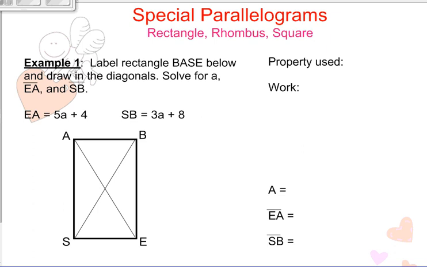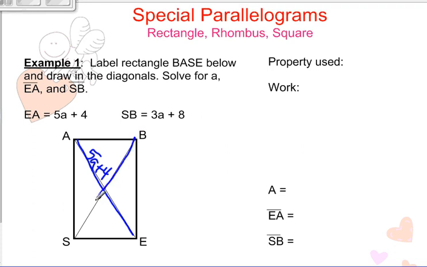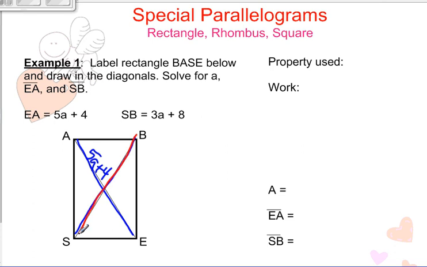EA is a diagonal, and it is 5A plus 4. BS is also a diagonal, and it's 3A plus 8. It asked me what property I am using. This is a rectangle, so its diagonals are congruent. That's the property I'm using.